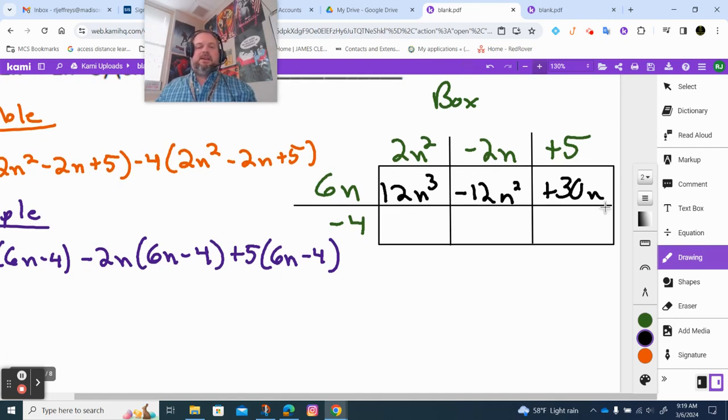Now, negative 4 times 2, negative 8n squared. Negative times a negative is a positive 8n, not n squared, just n. And then negative 4 times 5 is negative 20.